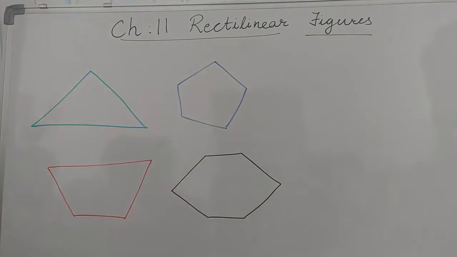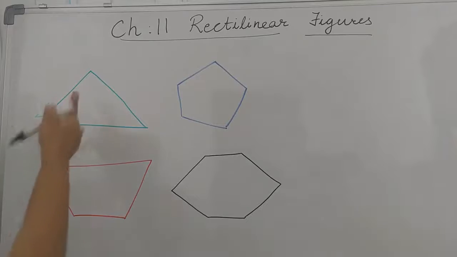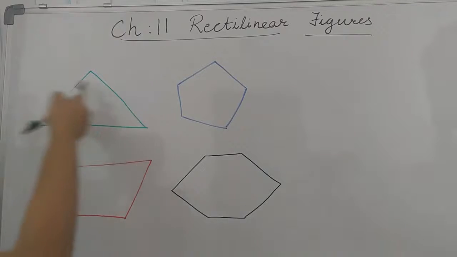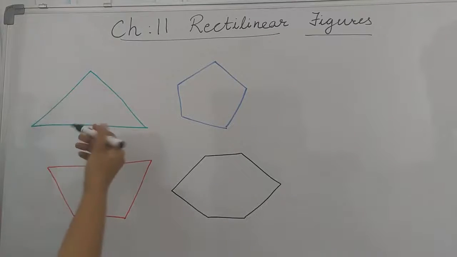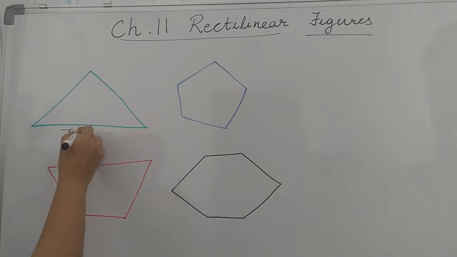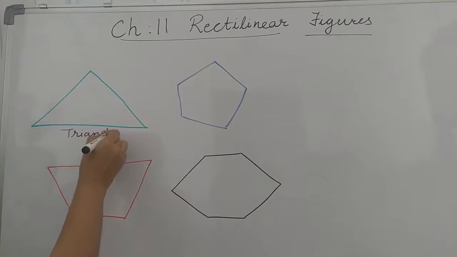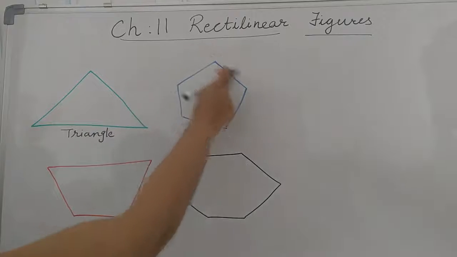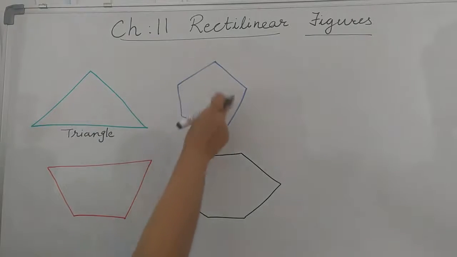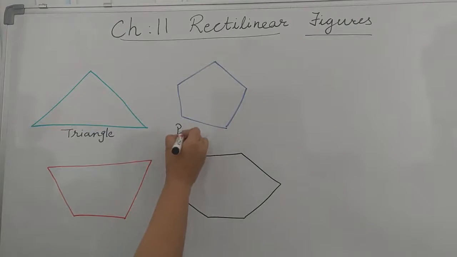I have drawn some figures. Now this figure has 3 sides and 3 angles, so we call it a triangle. Then this figure has 5 sides and 5 angles, so we call it a pentagon.